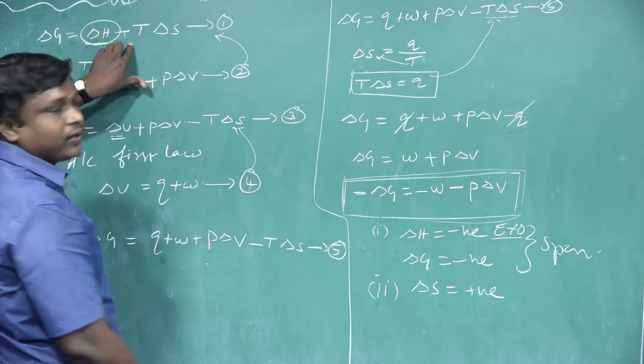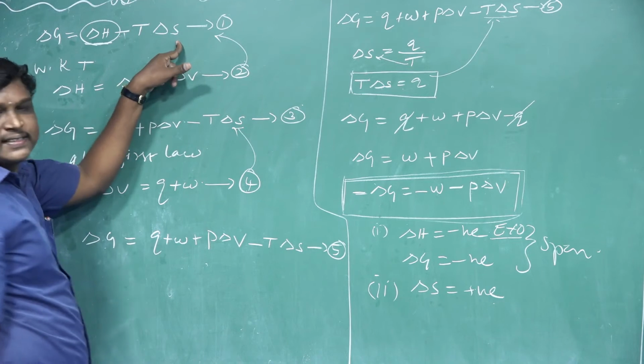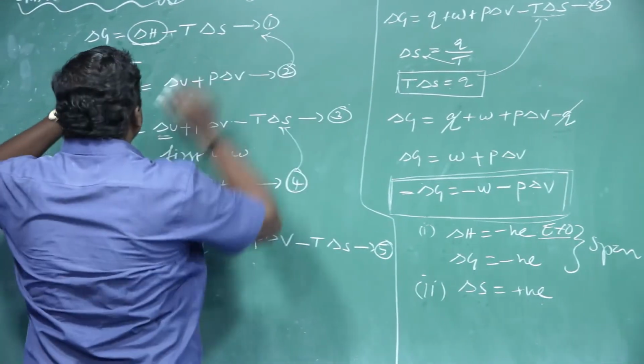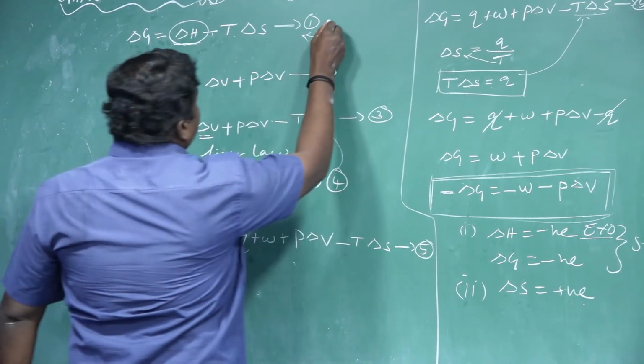Let us consider the first one, equation 1: ΔG equals ΔH minus TΔS. We can change the sign.